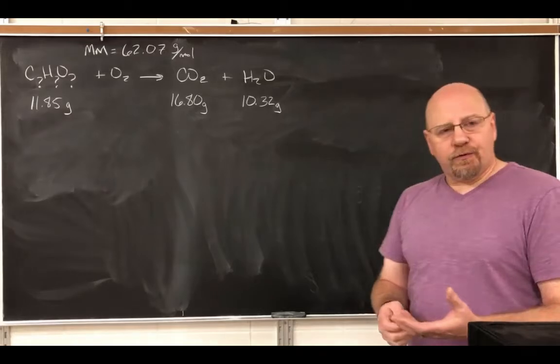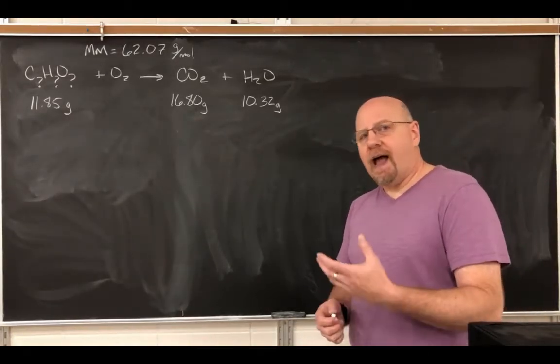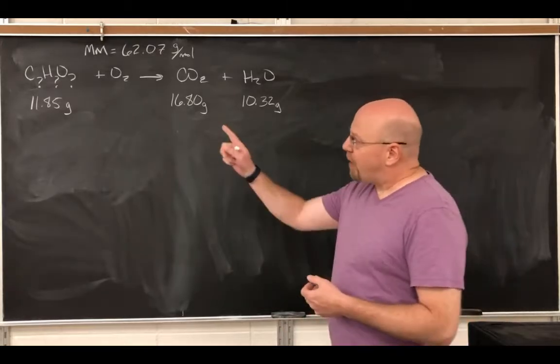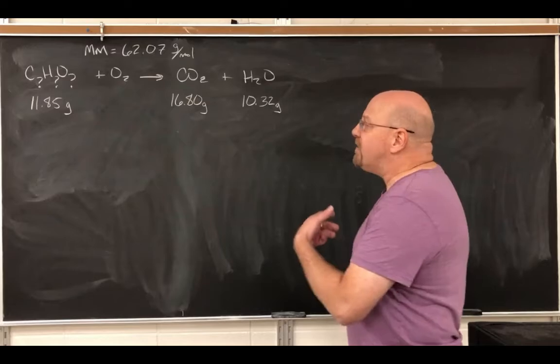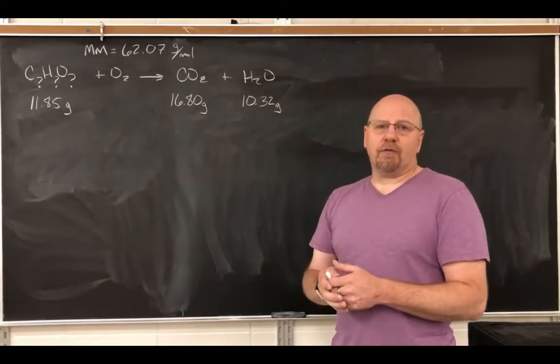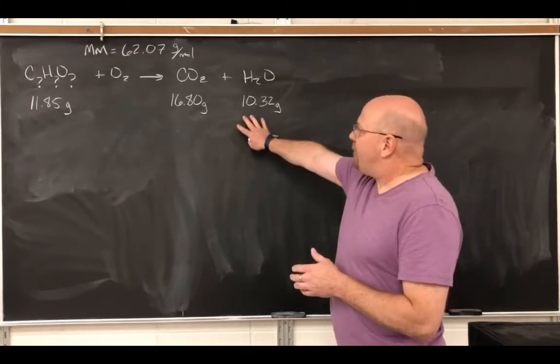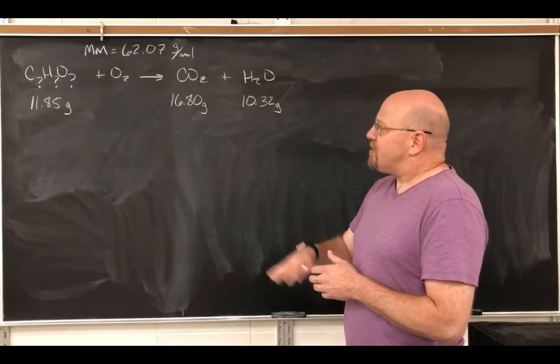Now, the process for this is the same. We are going to find an empirical formula by finding how many moles of each element from that compound there are. The problem is that we could easily enough find the moles of carbon and the moles of hydrogen using our stoichiometry and what we have from these formulas. The issue is the oxygen.